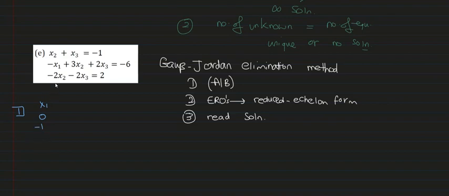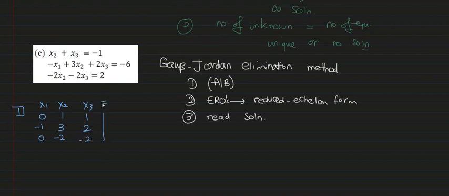So watch out, in equation 3 there is no x1, so it's 0. In the x2 column, here we have an x2, so it's 1. We have x2 here, multiplied by 3. We have x2 in the third equation multiplied by -2. For x3, the coefficient is 1 here, multiplied by 2 here as well, and in the last equation it's multiplied by -2.